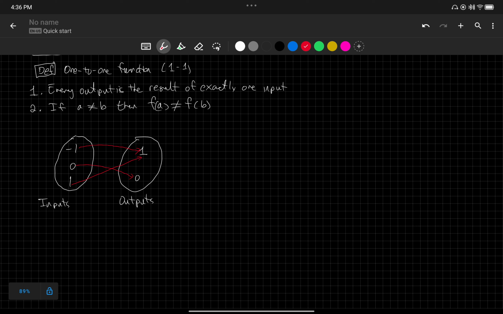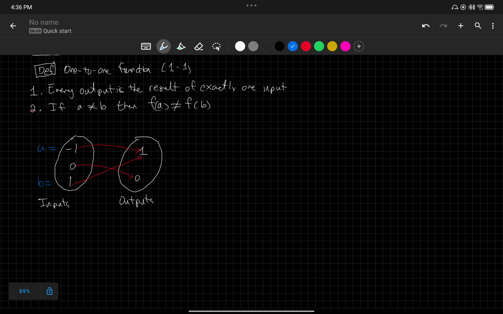So this one, you can see that this is not one-to-one. Every output should be the result of exactly one input, and the one that is messing it up is right here. These two have the same output, and that's not going to work for this to be a one-to-one function. If we want to look at the second condition, let's say this is A right there, and this is B right there.